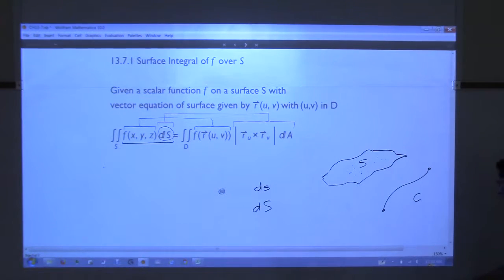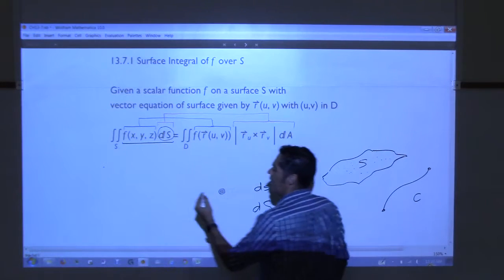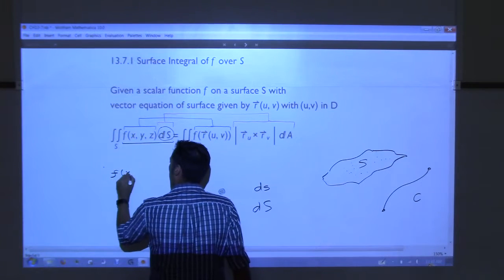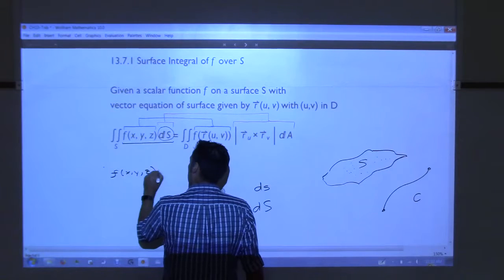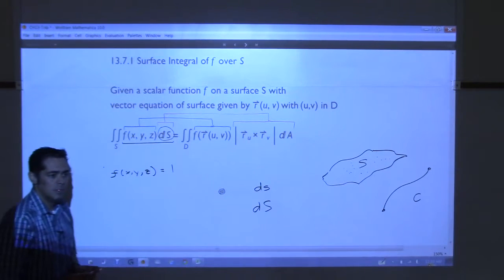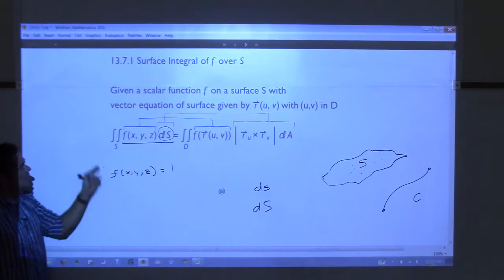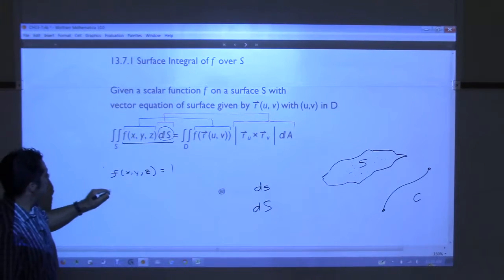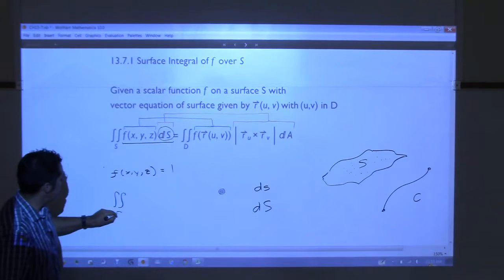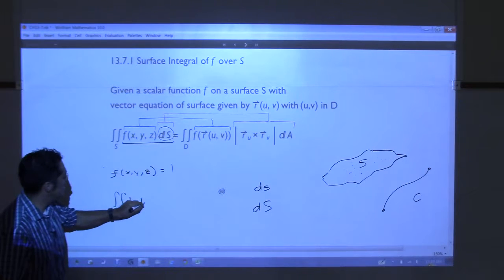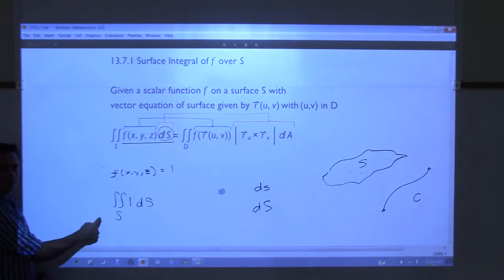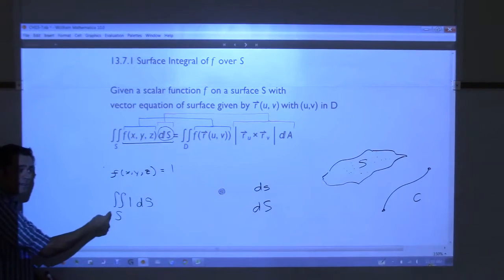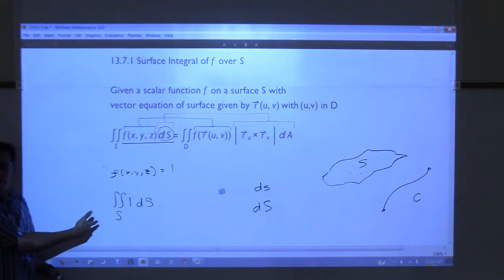In other words, if I were to tell you that my function f of x, y, z is the constant 1 function, then what is this formula? This would be the double integral over S of 1 dS, right? And what does this represent? The surface area of S, right?